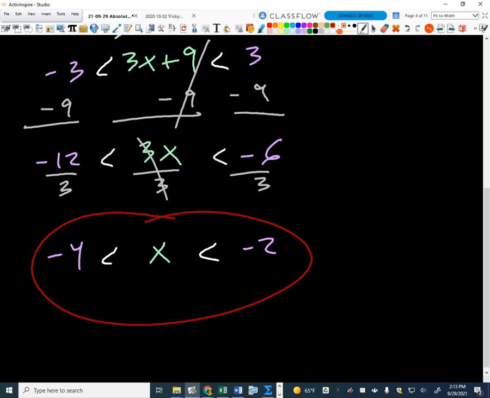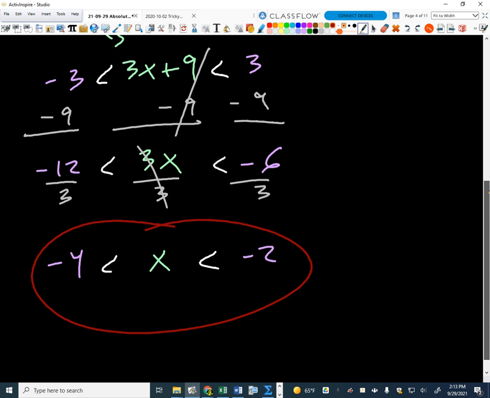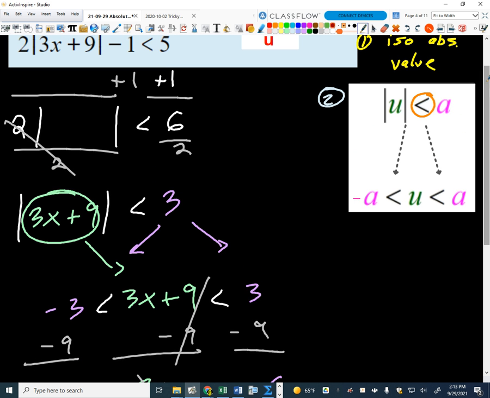Okay. So again, steps. Isolate the absolute value. Create my two cases using a pattern. And then step 3, solve it.